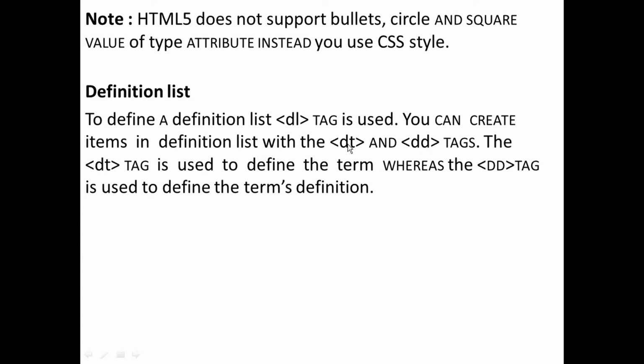DT means data term and DD means data definition. The DT tag is used to define the term, whereas the DD tag is used to define the term's definition. So let's try an example to illustrate this.